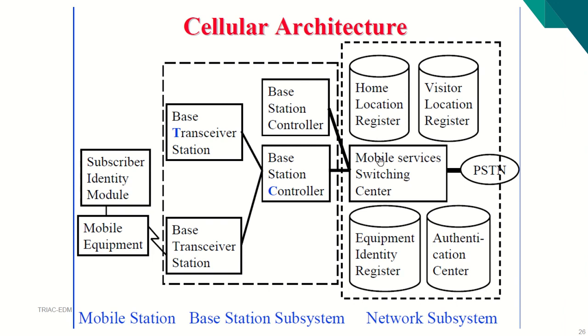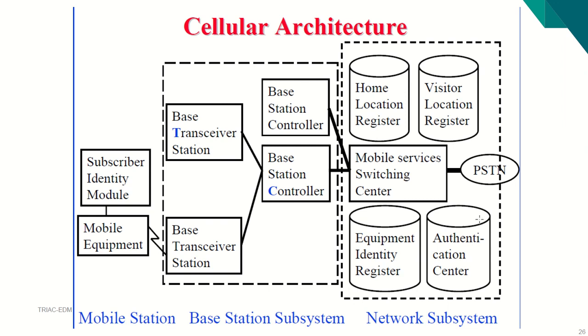And as we mentioned before, there will be a fixed landline communication, which is the PSTN, and it connects to the mobile service switching center. And we have talked about HLR, location registration, and VLR registration, and then this switching center, and then you have the authentication center and identity registration. All this is done for security issues, also for accounting issues.